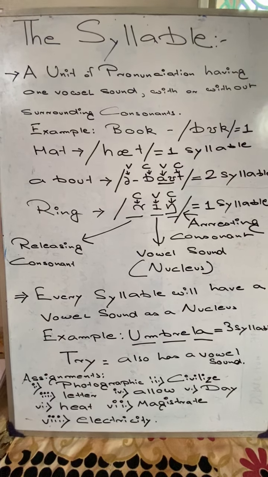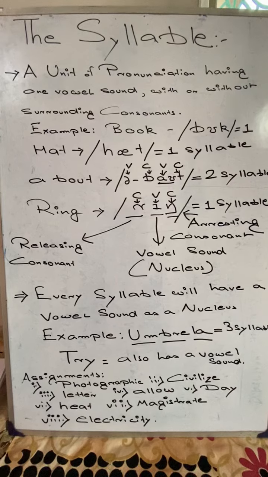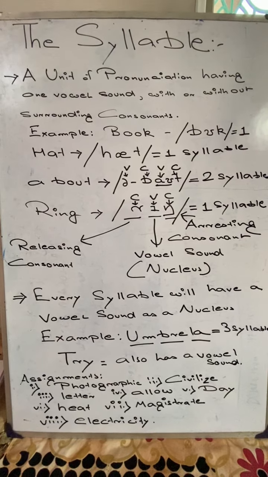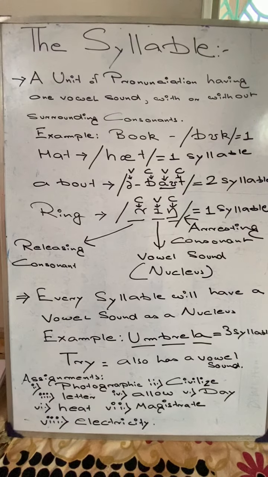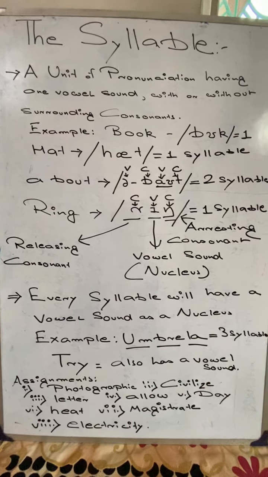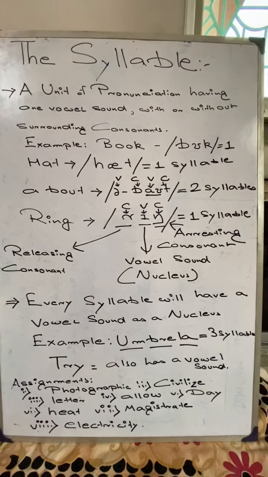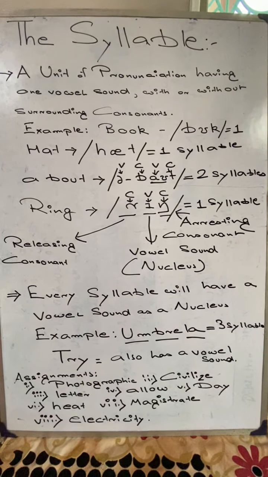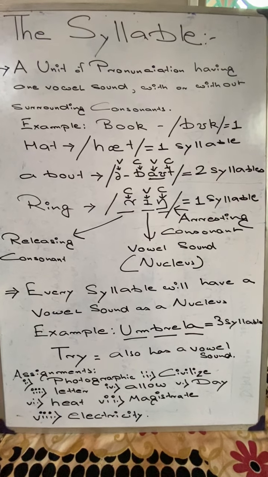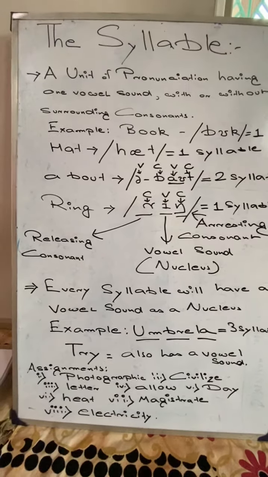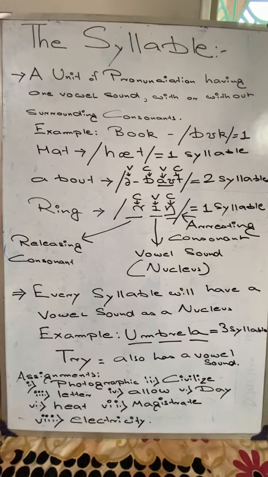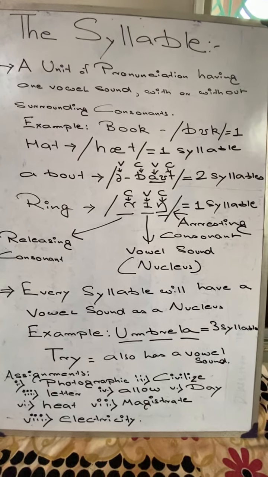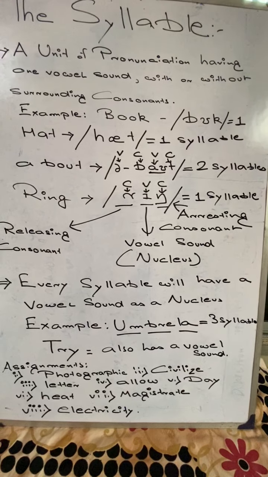When we talk of alphabets, the vowels are A, E, I, O, U, and the rest of the alphabets are consonants.